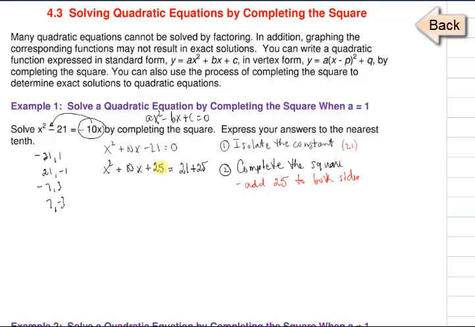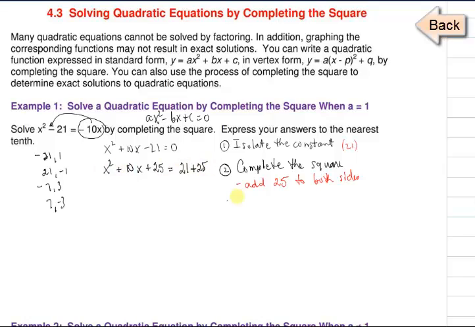So instead of subtracting 21 on the left, we are going to add it to the right. And the rationale behind that is what you do to one side of the equation, you must do to the other side to make sure that they are still equal in value.